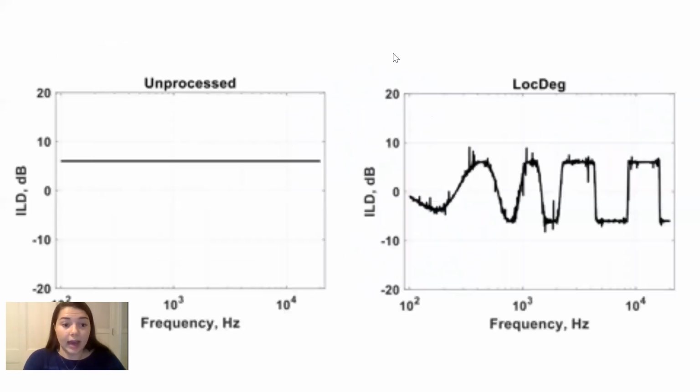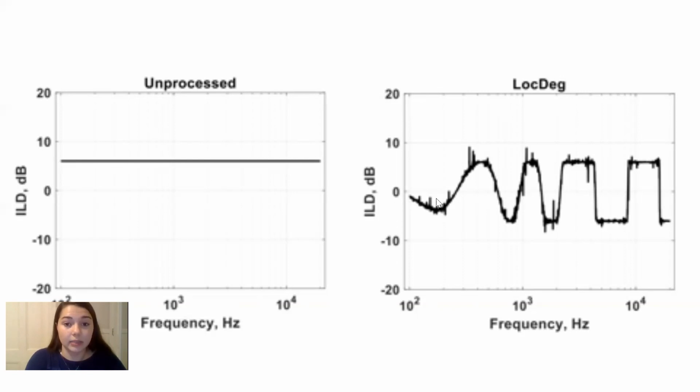So here we have an image of how our algorithm works. So here is an unprocessed sound. It's a broadband sound. In our experiment, we're going to be focusing on interaural level differences specifically. So this sound has an ILD of about 6 dB across all its frequencies. And this is the sound once it's passed through our algorithm, which is called Locdeg.